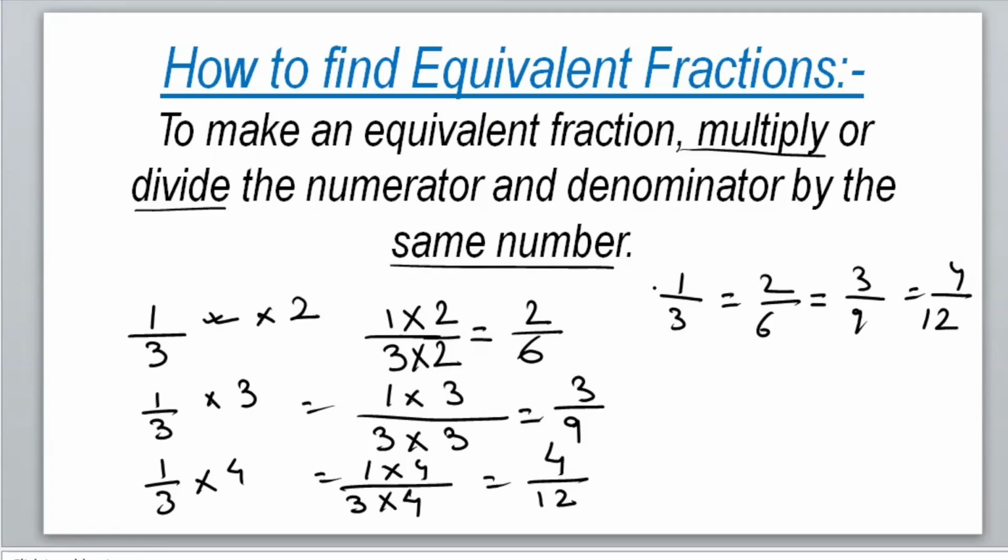So what we found is that the equivalent fractions of 1/3 are 2/6, 3/9 and 4/12. And you can also multiply with 5, 6, and so on. So 1/3 is equal to 2/6, which is equal to 3/9, which is equal to 4/12.